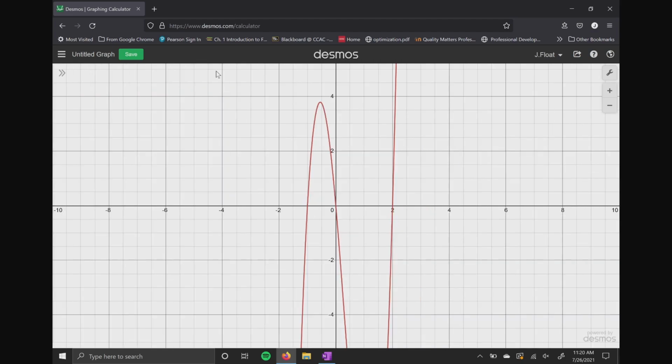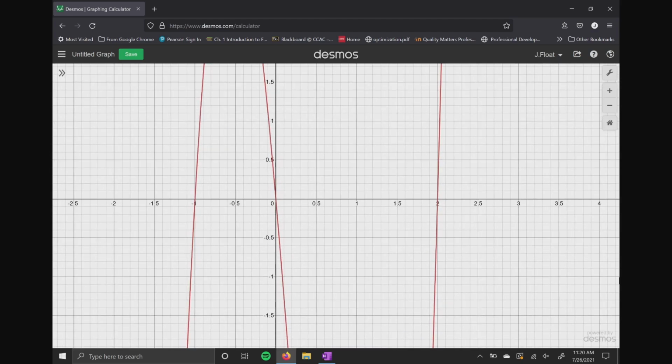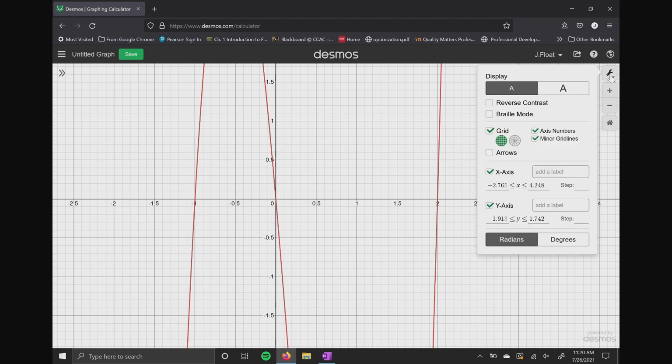All right, notice that I'm just going to clean this up a little bit here. But you could see hopefully what's happening by now.